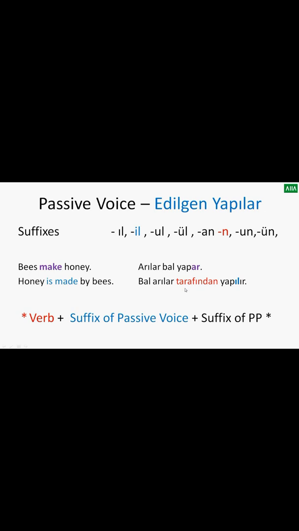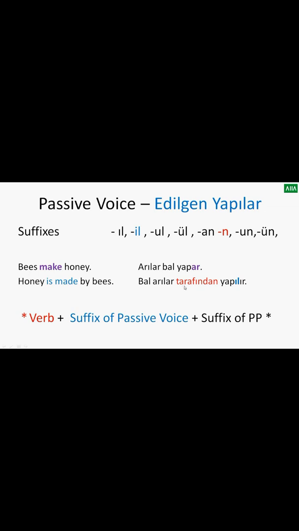Look, here what's so important actually you should know about the passive voices. You don't forget this word. Tarafından, tarafından, tarafından. This is the sentence I can say almost 100% we use this word when we make passive voices in Turkish. You should know this.